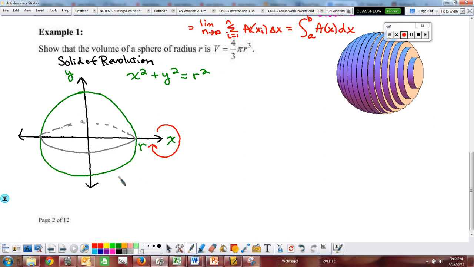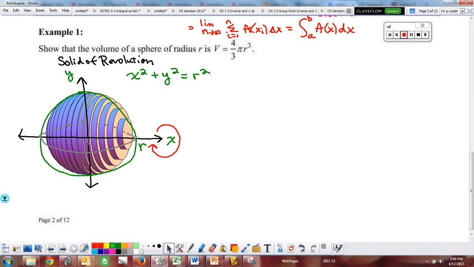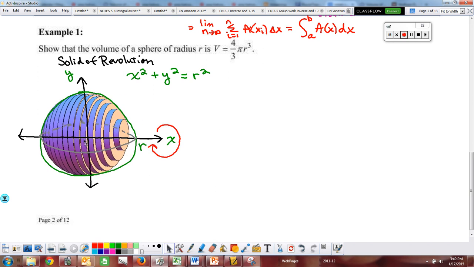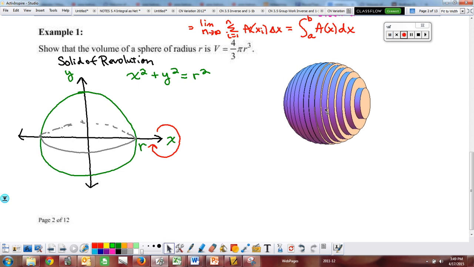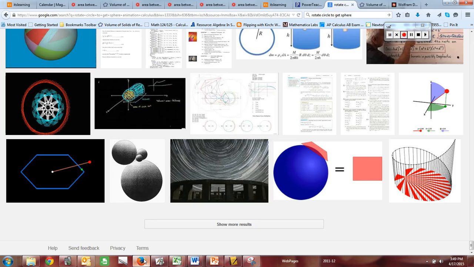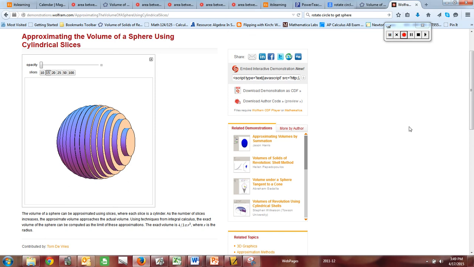Now, what we want to remember is our objective, and I imported this little picture over here: we want to slice this solid. I'm importing this so I can show you the different slices. If you'd like to know where I got that picture, it's called a Wolfram demonstration.